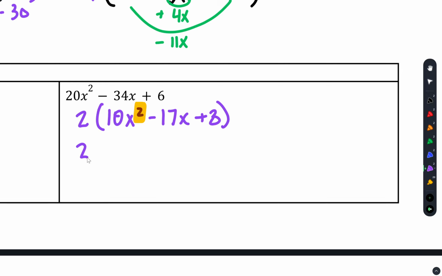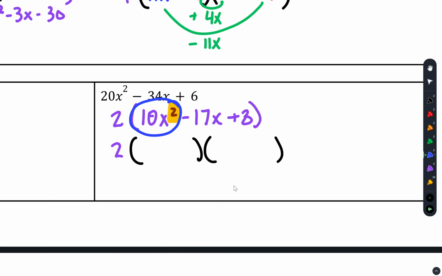So I'm going to drop that GCF down and break it into 2 bubbles. I've got options. So now we're combining everything that we did today. 10x squared has multiple options. What are they? The obvious one is 10x times x. And the other one is? And for 8, oh, sorry, that's not an 8, that's a 3. For 3, what are my options? Just 1 and 3.